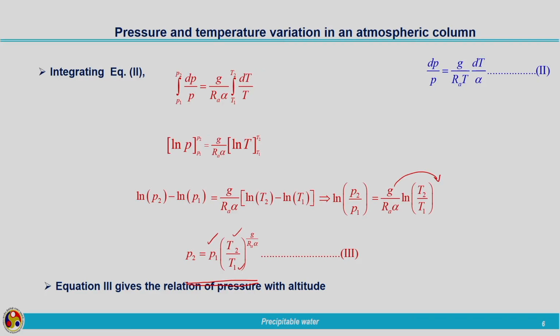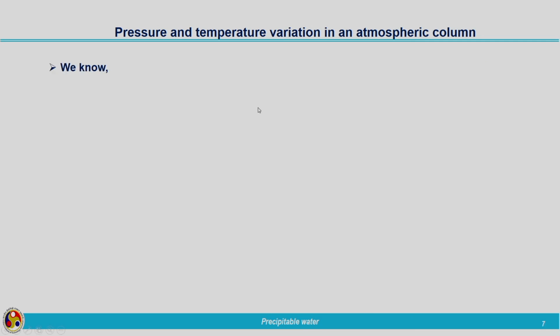Now, let us see how we can get the temperature. We will be making use of the lapse rate equation, that is dT by dz is equal to minus alpha. The two sections we are considering are section 1 and section 2. Now what we are going to do is write the discretized form of this particular equation.